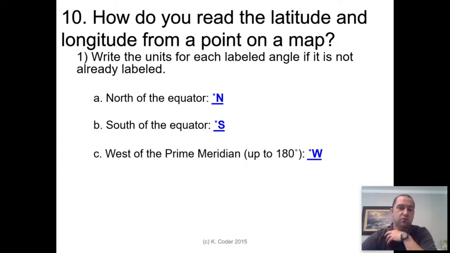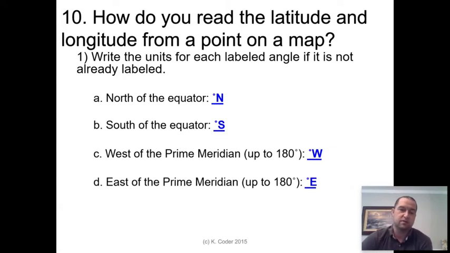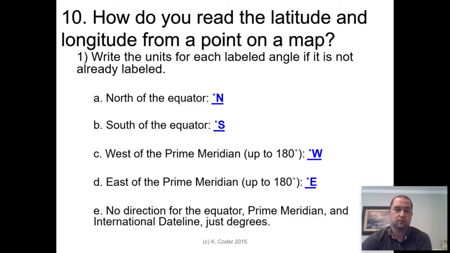If it's west of the prime meridian, we'll use degrees west, as long as it's up to 180 degrees. And if it's east of the prime meridian, we'll do degrees east. There is no direction for the equator, prime meridian, or the international date line, just degrees. Remember, the equator and the prime meridian are 0 degrees, and the international date line is 180 degrees.